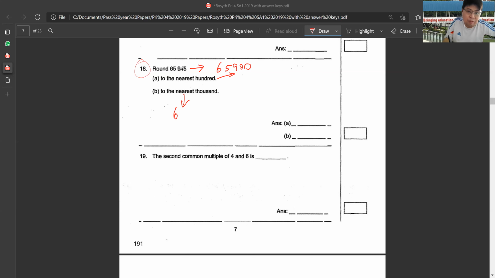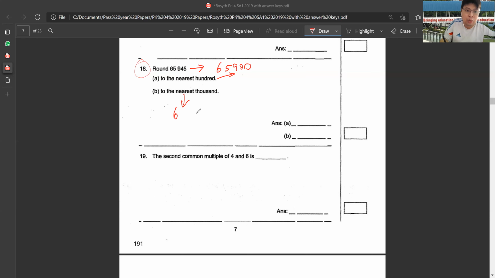If 9 is more than 5, what must you do? You should round up. Round up.